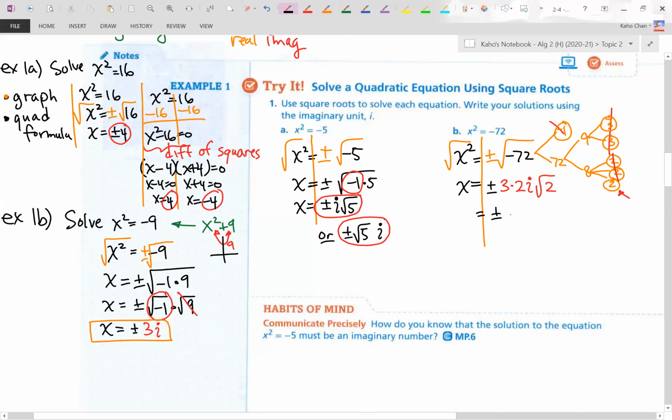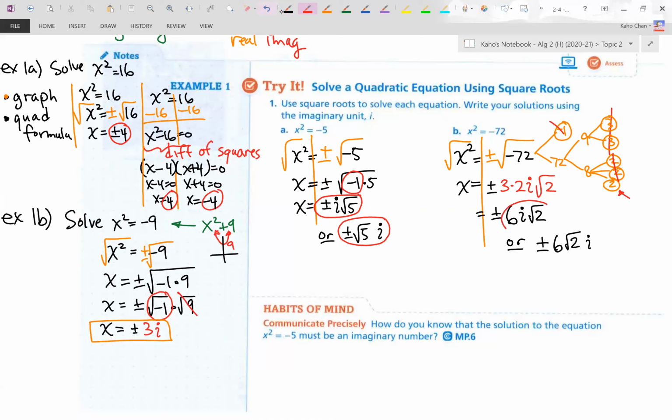So again, I will take 6I root 2, or you might see it this way, 6 root 2I. Either way, it's acceptable as an answer. Just be careful where you write those I's. Make sure they're not underneath the radical.